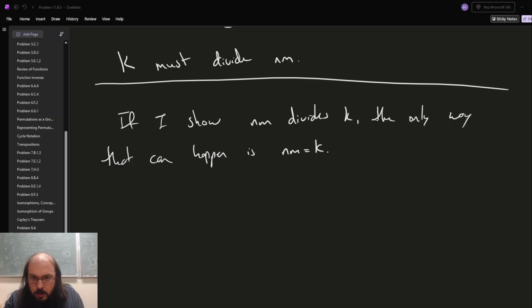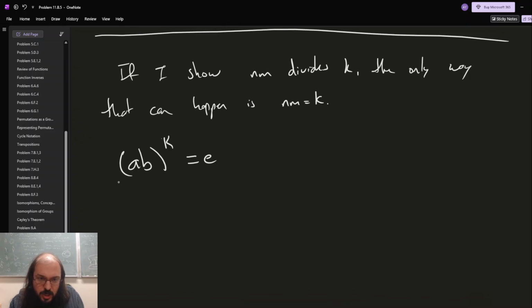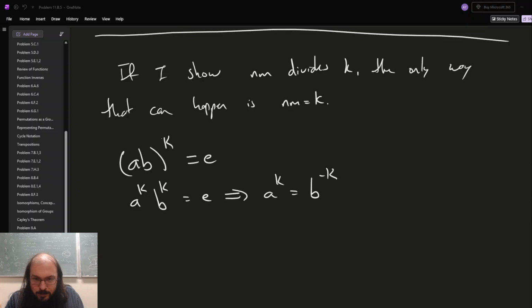So, towards this end, we start by taking the equation AB to the power K. That is equal to E by definition, right? K is the order of this thing. Since G is abelian, that's the same thing as A to the K, B to the K equals E, which in turn is the same thing as saying A to the K is equal to B to the minus K. So, whatever this thing is, let's call this thing X, just for notational convenience.